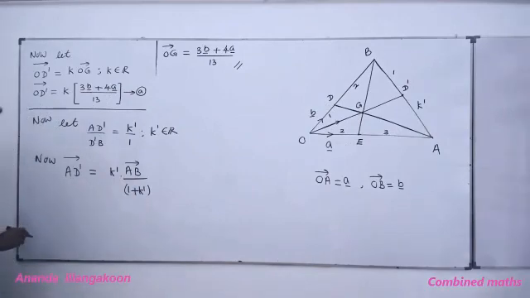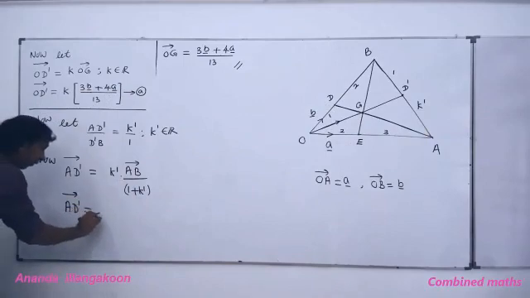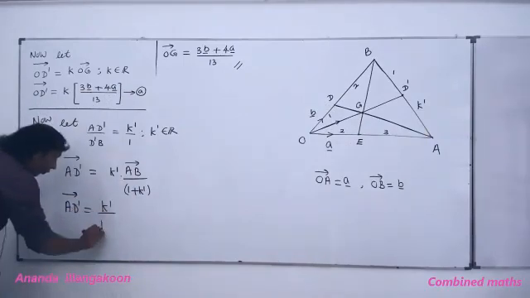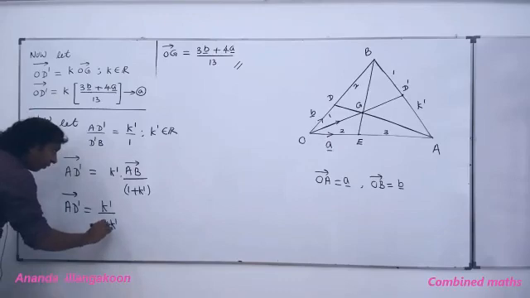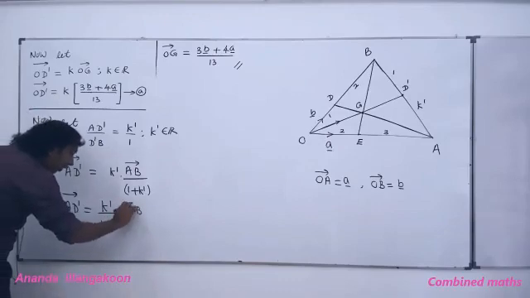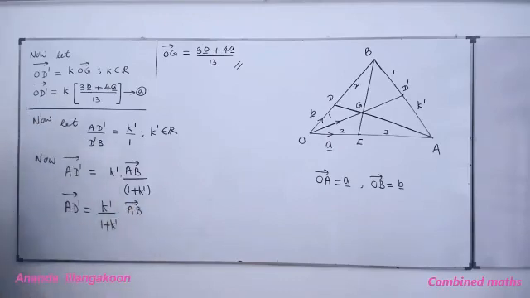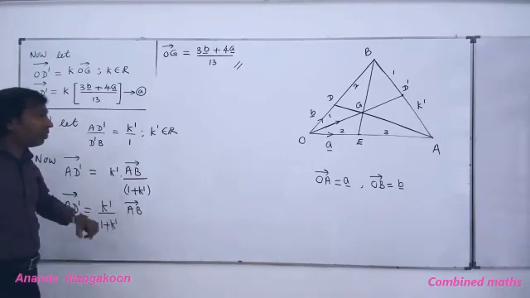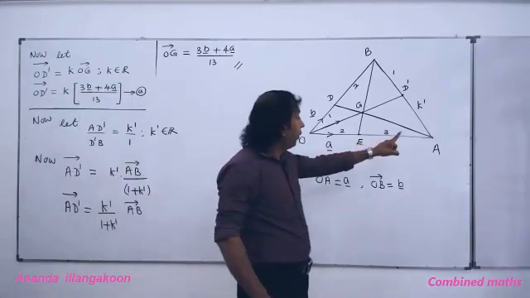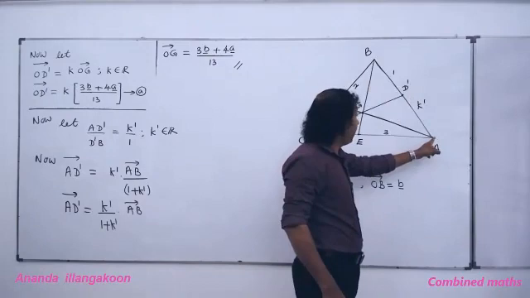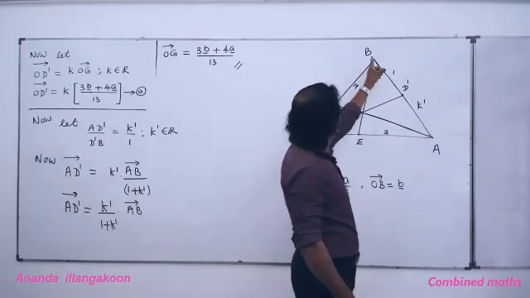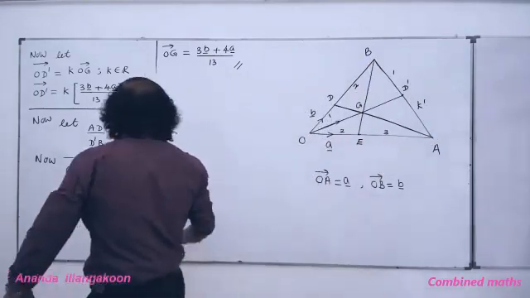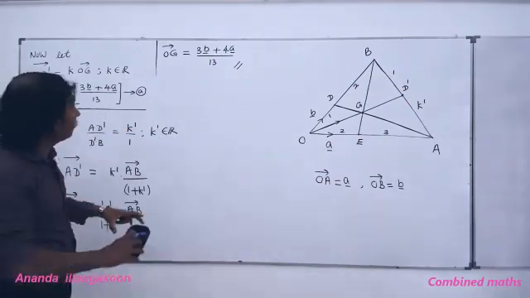Then we get AB dash vector as K dash upon 1 plus K dash times AB vector. This will be it. Now, what is this AB vector? AB vector we can write as AO vector plus OB vector. Then I will write that here.